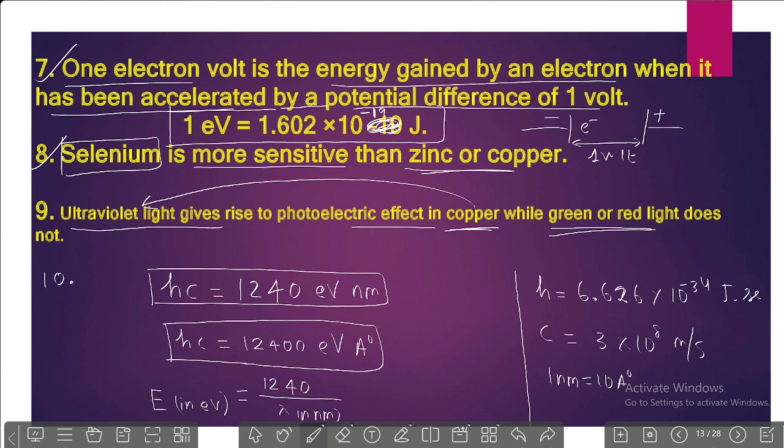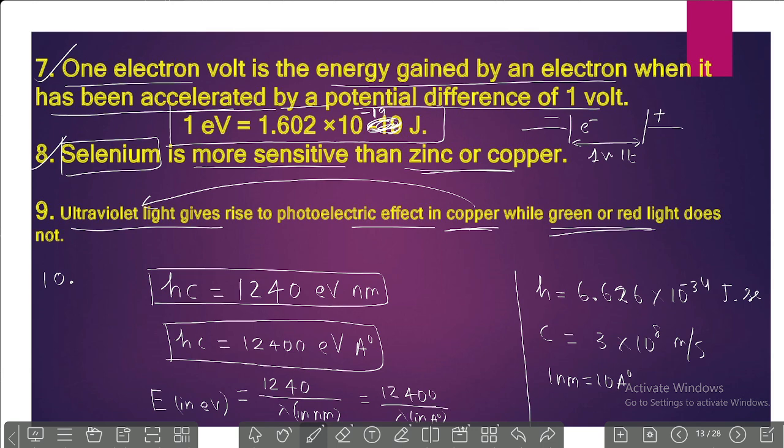Whenever wavelength is given in nanometer and you want to find energy, you can use this relation. Or you can use 12,400 divided by wavelength in angstrom. You remember this, we'll use it in problems.